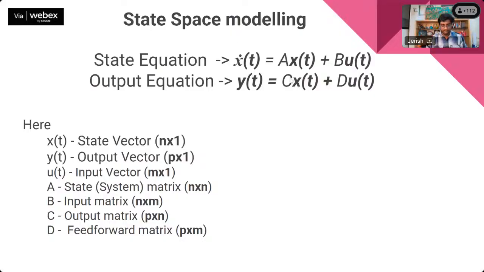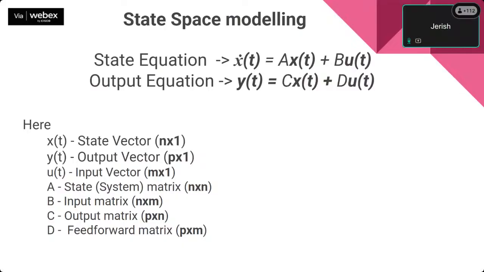So this x vector will have behaviors like position, velocity, or acceleration, etc. It will have the minimum states which are required to entirely describe the internal dynamics of the system. Okay, so that's what x has, and u is nothing but the input vector.